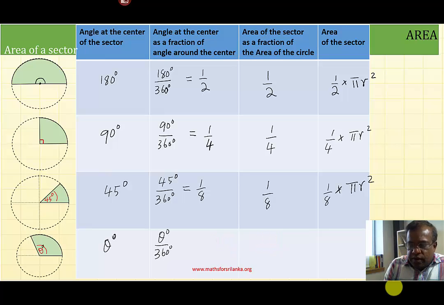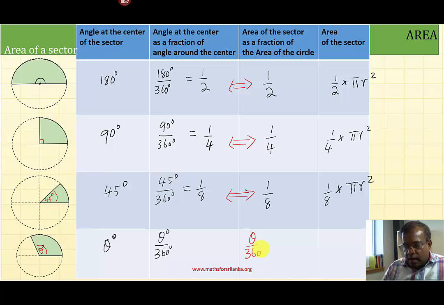So we have 1/2 equal to 1/2, 1/4 is 1/4, 1/8 equal to 1/8, and therefore this has to be theta over 360, and that gives us the area of the sector: theta over 360 times πr².